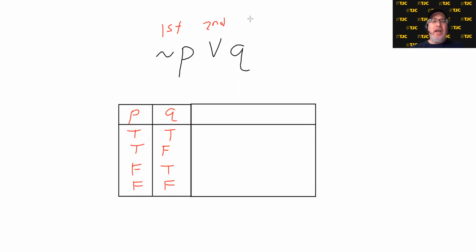For example, our first column after the simple statements columns is for the negation, which belongs to the P. So our first column only has to be wide enough to accommodate a negation P. So let's make that column about this wide. Doesn't have to be too terribly wide. And that will be the column for negation P.